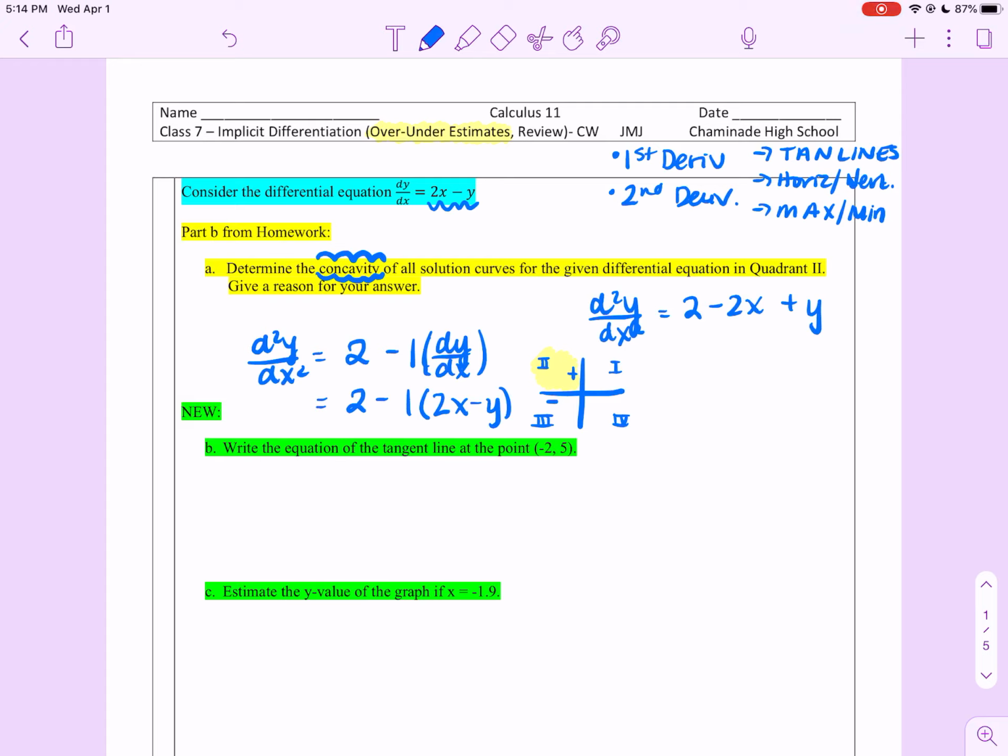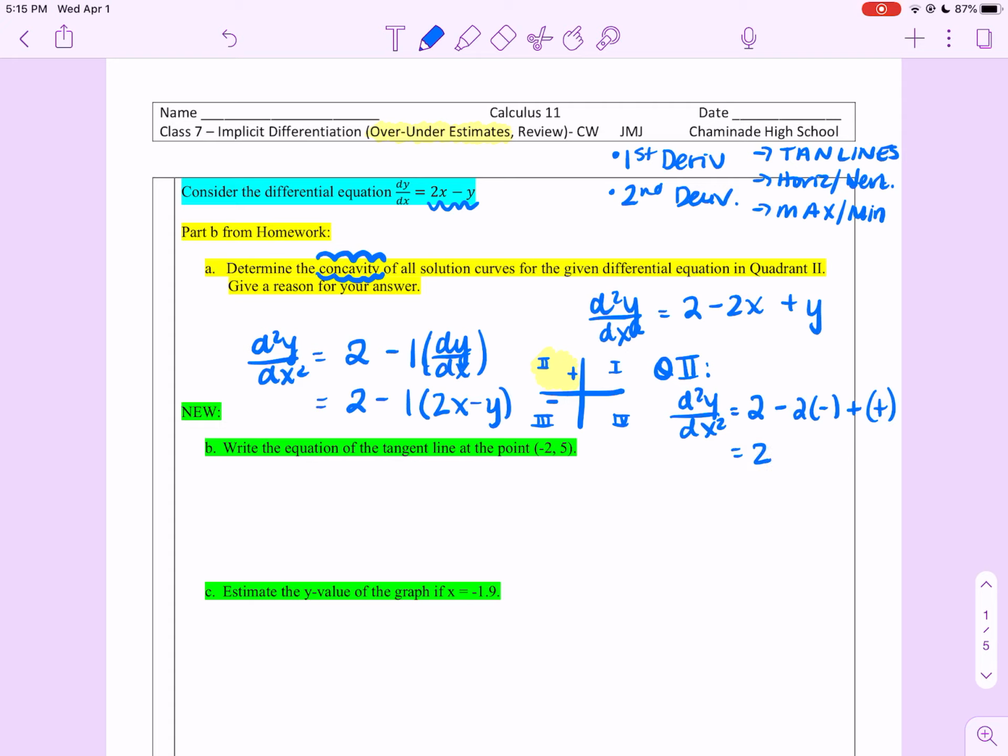So if we use those signs for the second quadrant, we know that the second derivative will take on 2 minus 2 times a negative number. I don't know what it is, but I know it's negative. And then plus a positive number for the y.